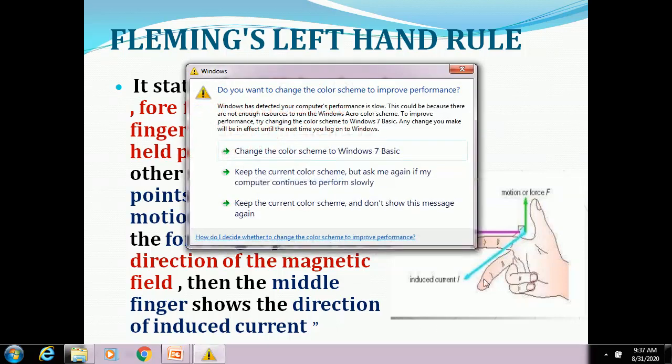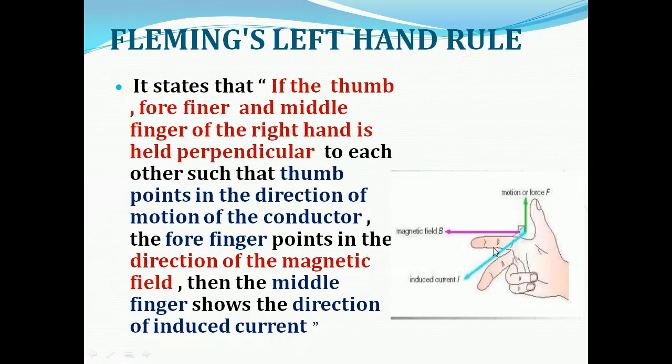It states that if the thumb, forefinger and middle finger of the left hand are held perpendicular to each other, the thumb points in the direction of motion of the conductor, that is, the movement of the conductor.